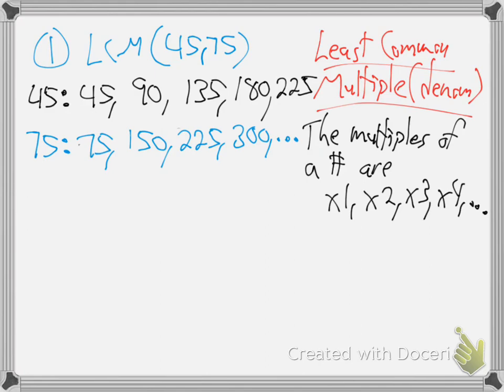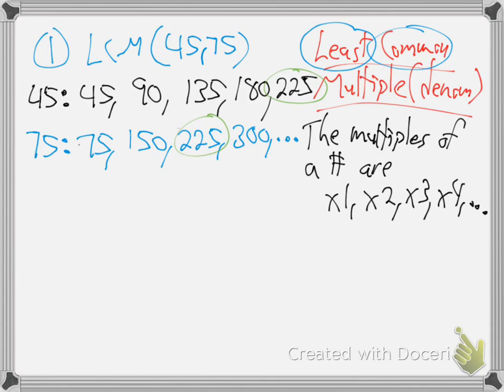So I'm listing the multiples of the numbers, which means just times 1, times 2, times 3, etc. And what am I trying to find? The least one they have in common. The lowest one they have in common. Do you see it?